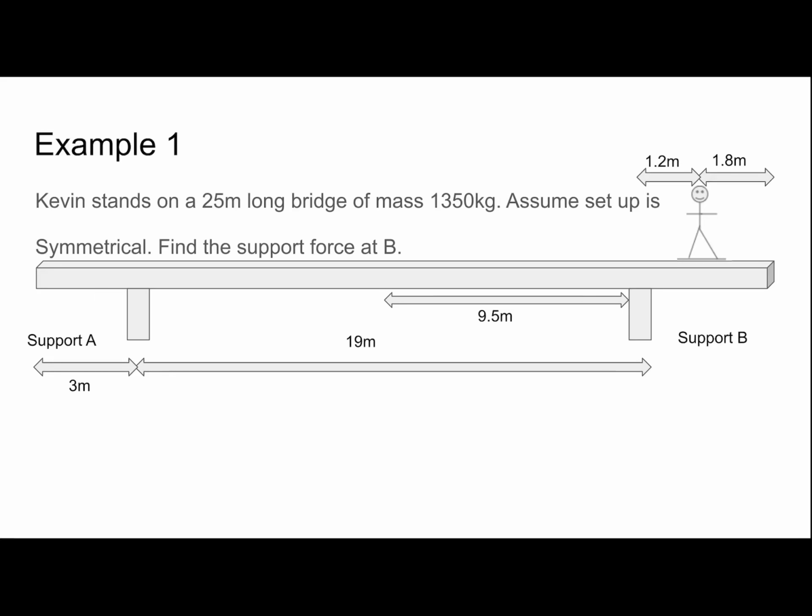Alright, so we're trying to find the support force at B, okay? And in order to do that, we're going to be considering the support A as the pivot. That's coming back to our net torque equals 0. Using support A as the pivot, we can see that there are a lot of torques acting on the bar.